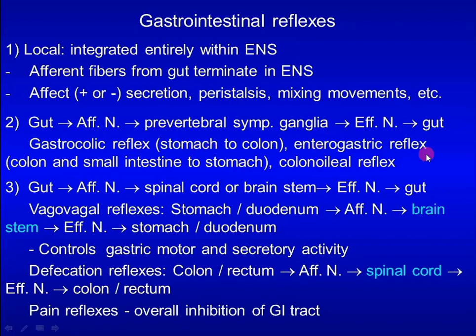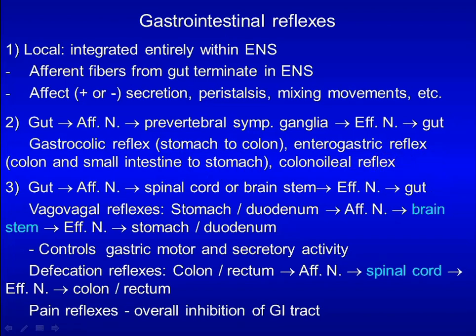Enterogastric reflex, in which signals from colon and small intestine inhibit stomach motility and gastric secretion. Colonoileal reflex, in which signals from the colon inhibit emptying of ileum contents into the colon.